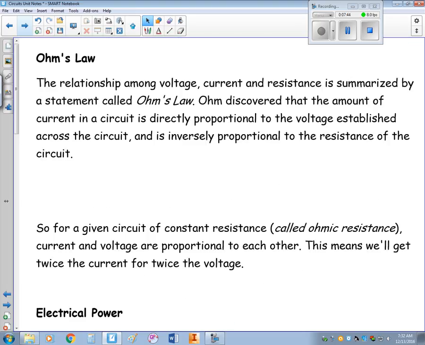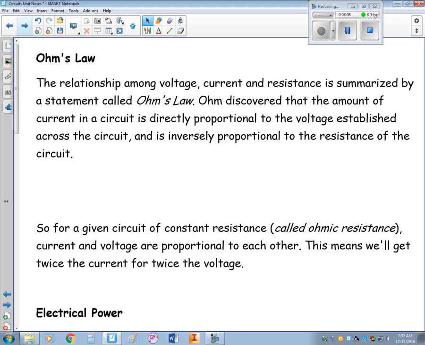Now we can start talking about some of the math with this. First off is Ohm's Law. The relationship between voltage, current, and resistance can be summarized by Ohm's Law. Ohm discovered that the amount of current in a circuit is directly proportional to the voltage established across the circuit and inversely proportional to the resistance of the circuit.